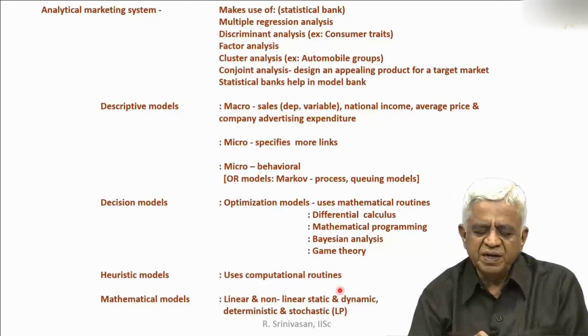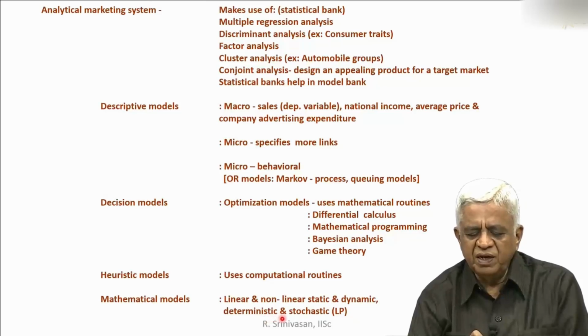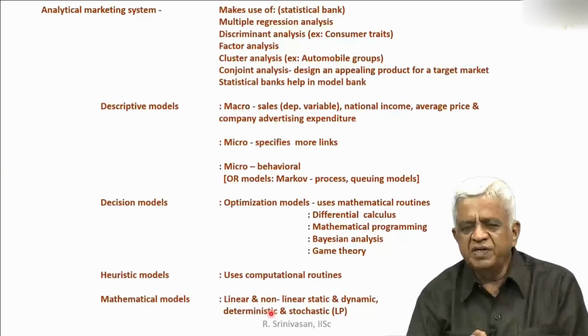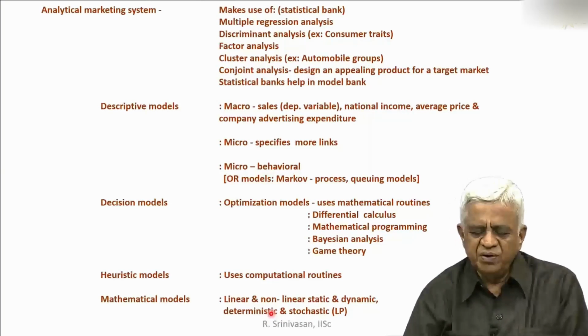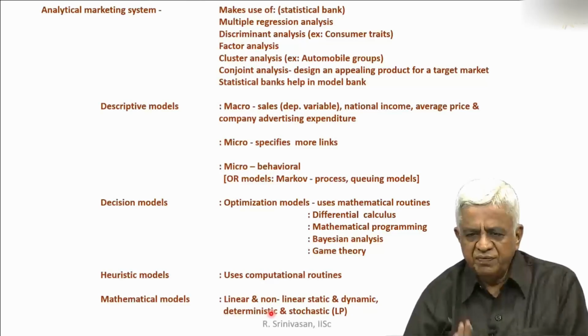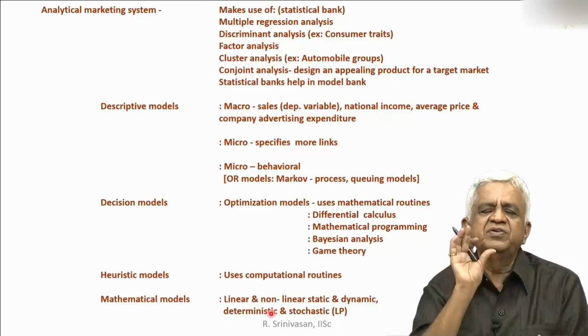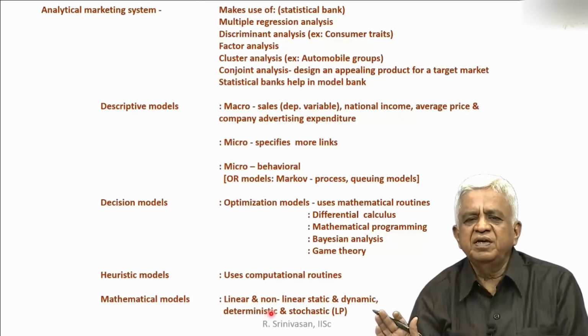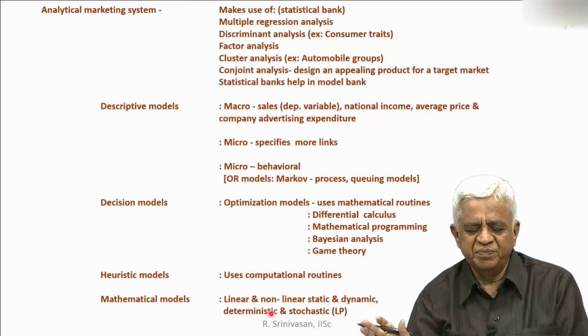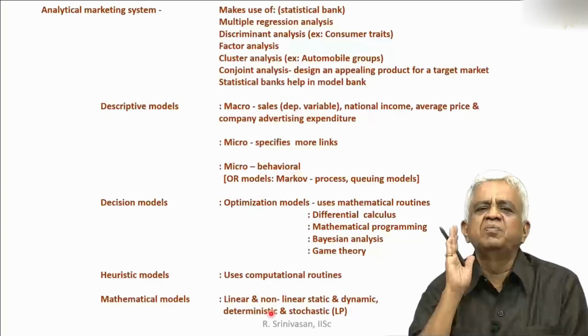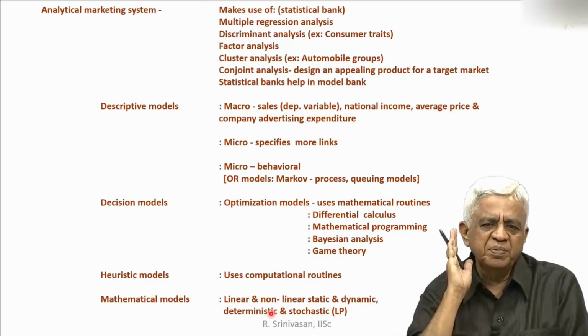Then you may look at a deterministic model or a stochastic model. What is a deterministic model? You are making use of the different attributes of the product to determine exactly how much the dependent variable is going to influence. So it is a deterministic probability.